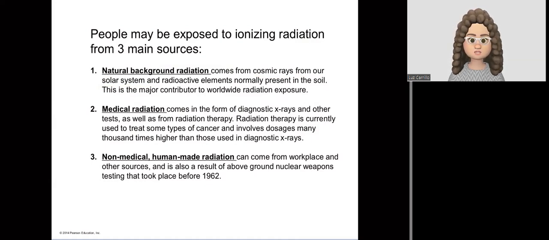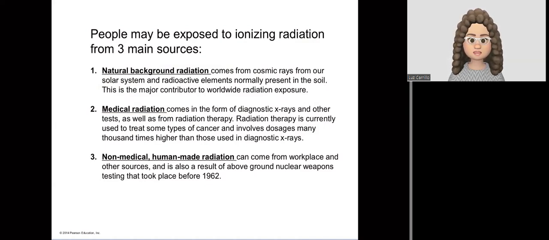The other type of radiation may be medical radiation. Medical radiation comes in the form of diagnostic X-rays and other tests. In addition, some types of diseases like cancer may be treated with radiation therapy.